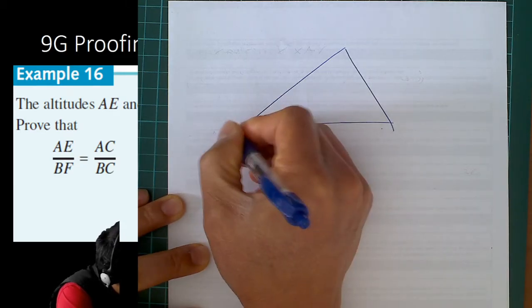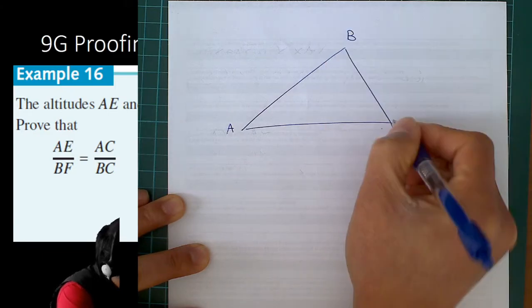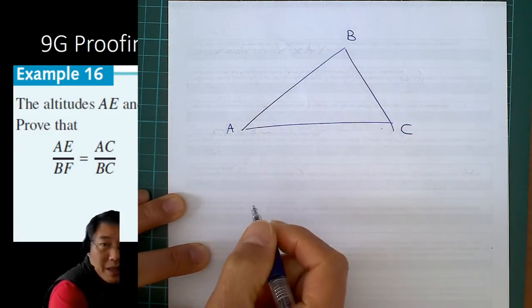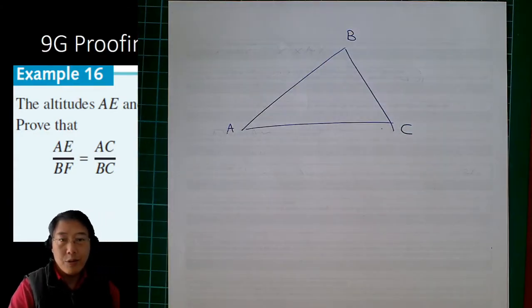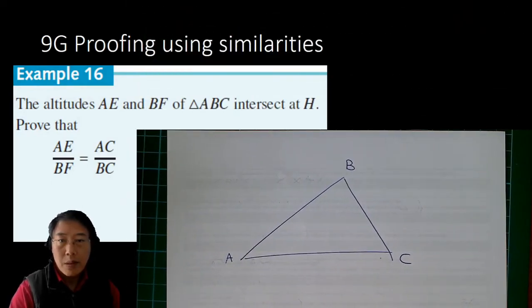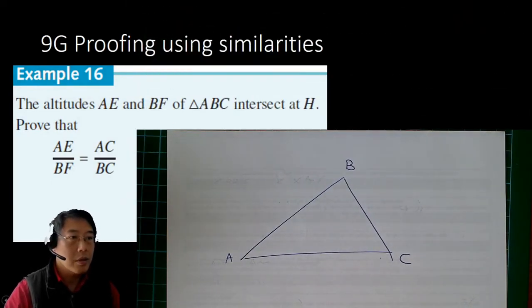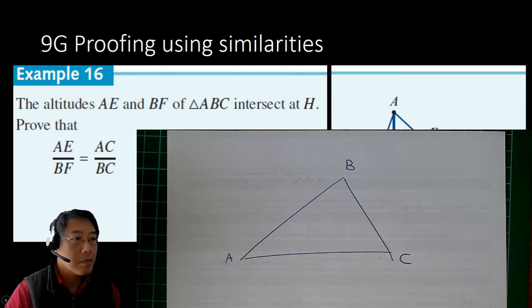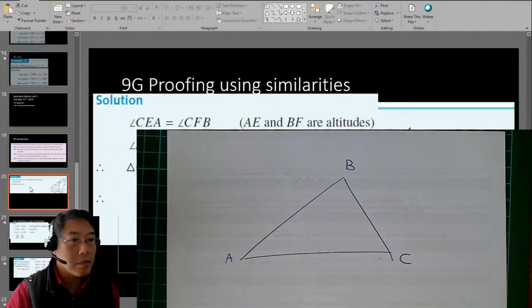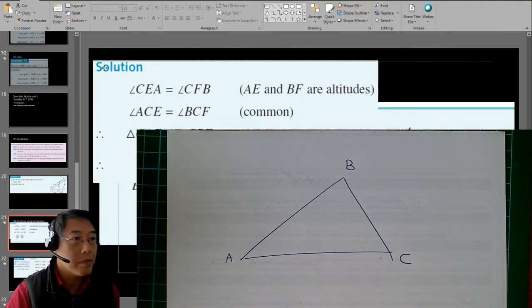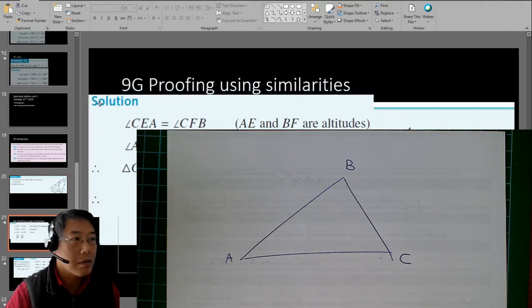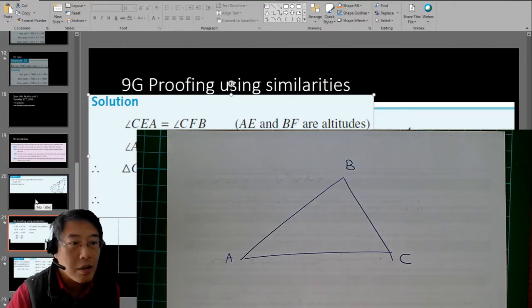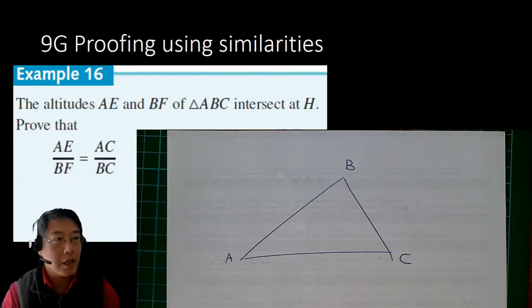Okay, so that's A, B, C. When it's specified the altitude, can I do this? Actually, the drawing is already there anyway, but I'm in the wrong slide. Okay, never mind. I'll continue.